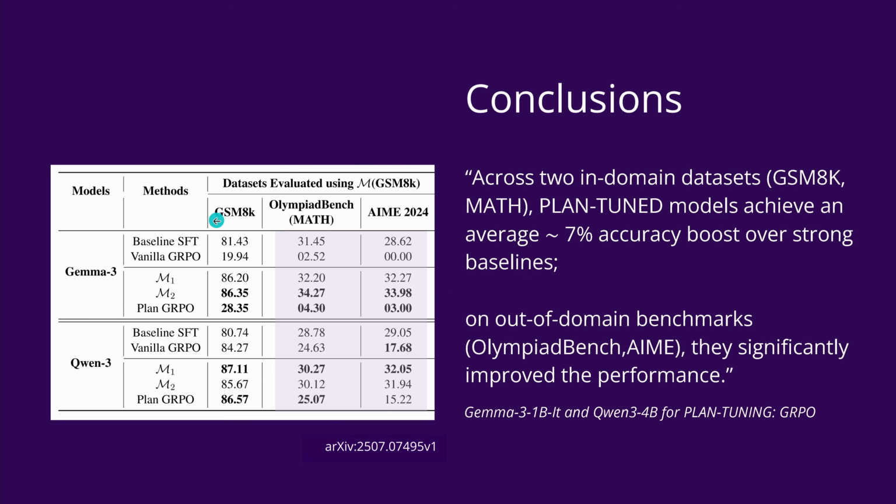Okay, I'm with you, we are here at 81%, and here with Gemma 3 we have 86% supervised fine-tuning. It's not really 7%. Oh no, we have to look at the Qwen. So we go from an 80 to an 87. So yeah, this is also less than 7%. So about 7% accuracy. So yeah, we find it in the data, about 7%, but this is in domain. But we are not interested in in-domain. We want to have an out-of-domain benchmark. We want to have the real complex stuff. We want to have generalization.